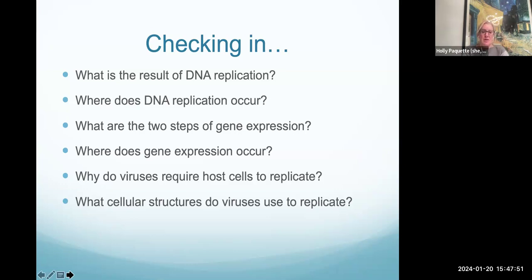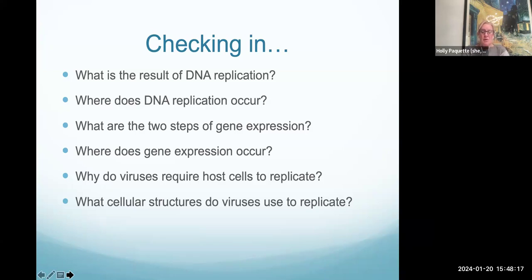Where does replication occur? That's going to be in the nucleus. What are the two steps of gene expression? Transcription and then translation. Where does gene expression occur? Transcription occurs in the nucleus. Translation occurs at the ribosome.